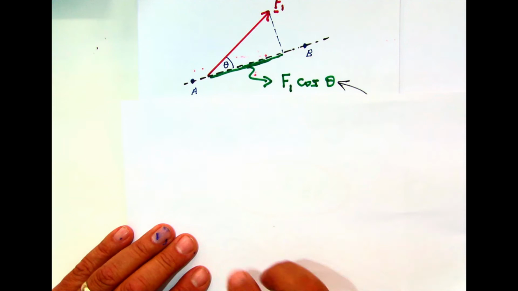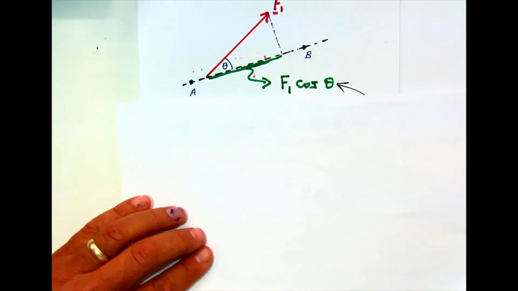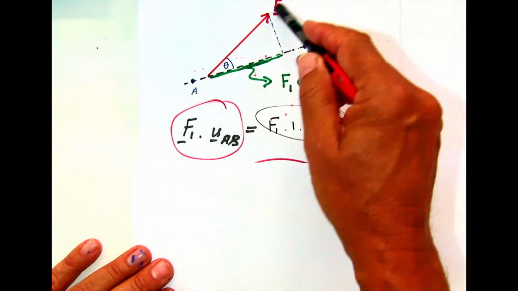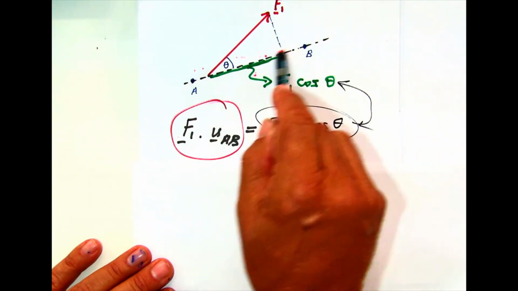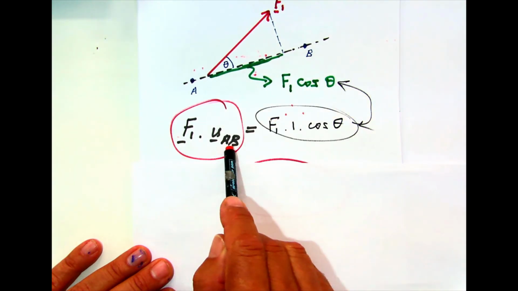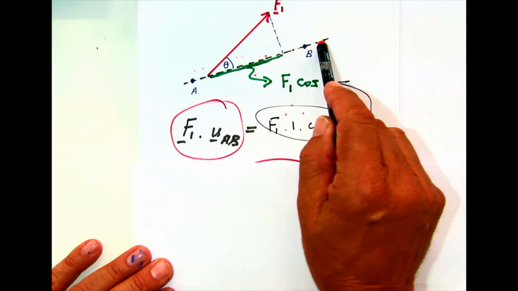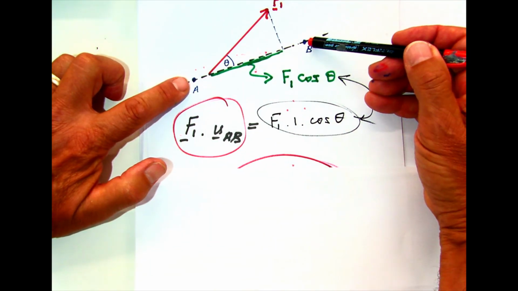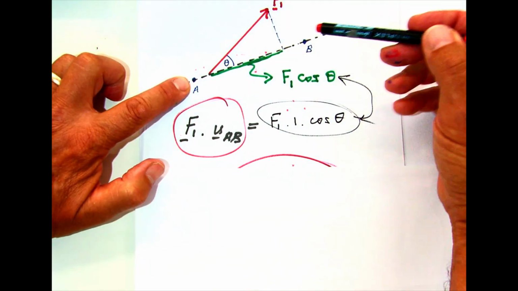If you don't know the angle theta, then there's an alternative method, and that is to take that force and dot it with a unit vector along this line. F dot the unit vector along that line. So you need to find the position vector there between any 2 points again.